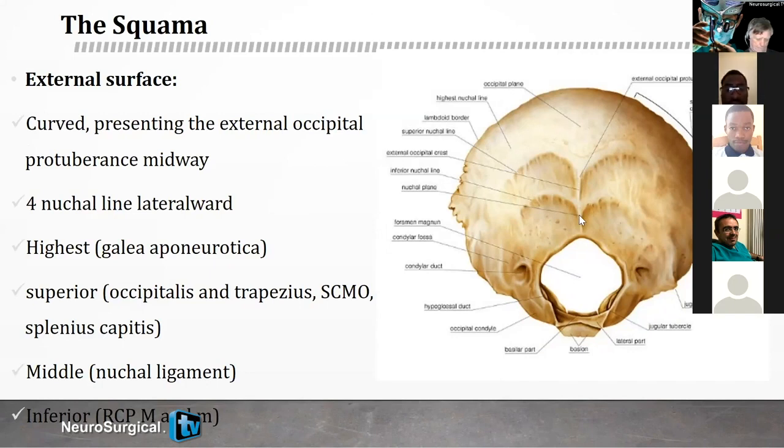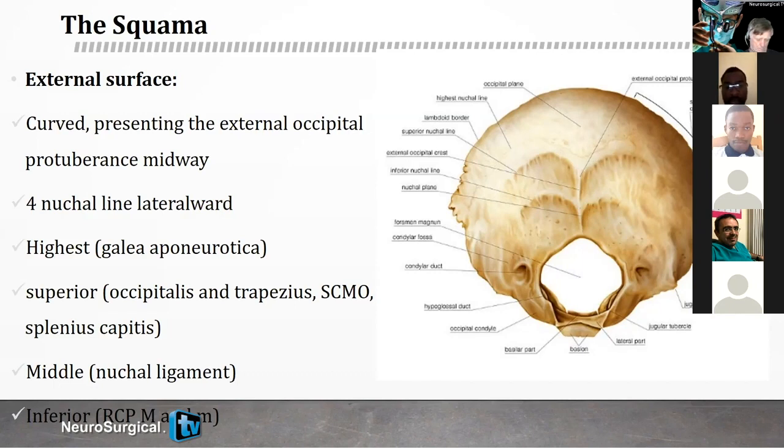It is made up of 4 nuchal lines which extend from the nuchal plane, the occipital plane, up to the nuchal plane down. We have the highest nuchal line, which gives attachment to the galea aponeurotica.